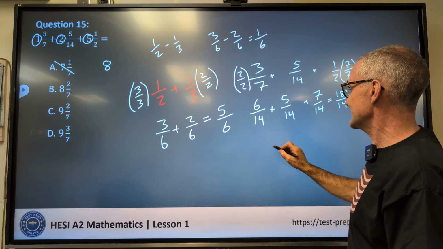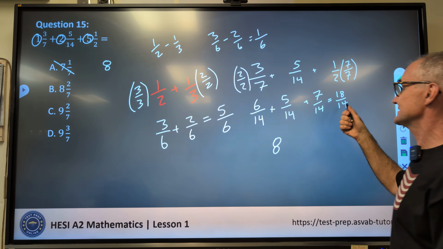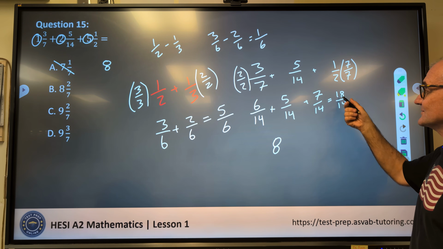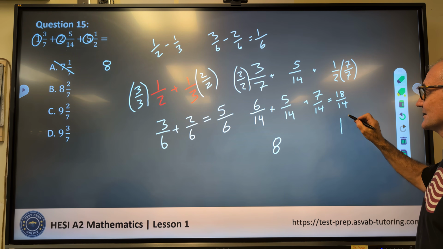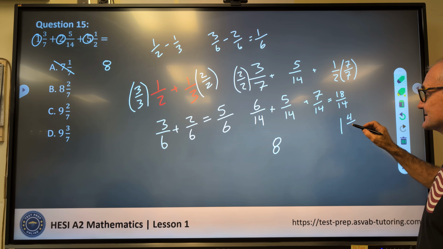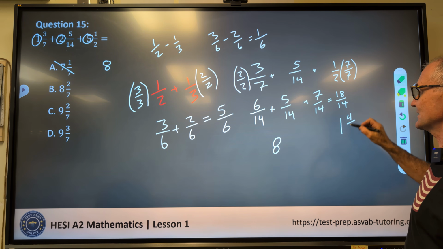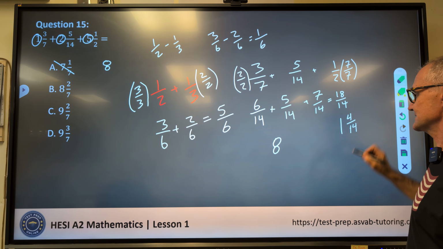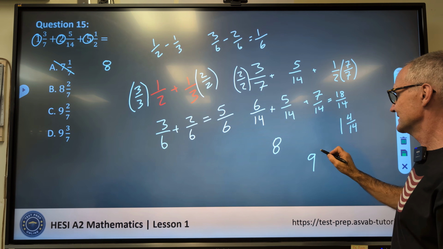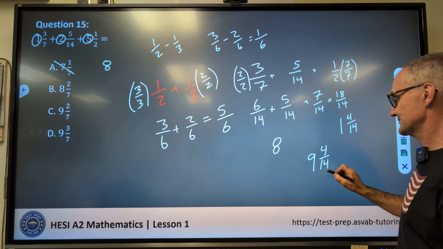So I have 8 and 18 over 14. The way I'm going to do this, 14 goes into 18 one time with 4 left over. So this is an improper fraction, is the same thing as 1 and 4/14. I got to add that and that 8 together to get 9 and 4/14.